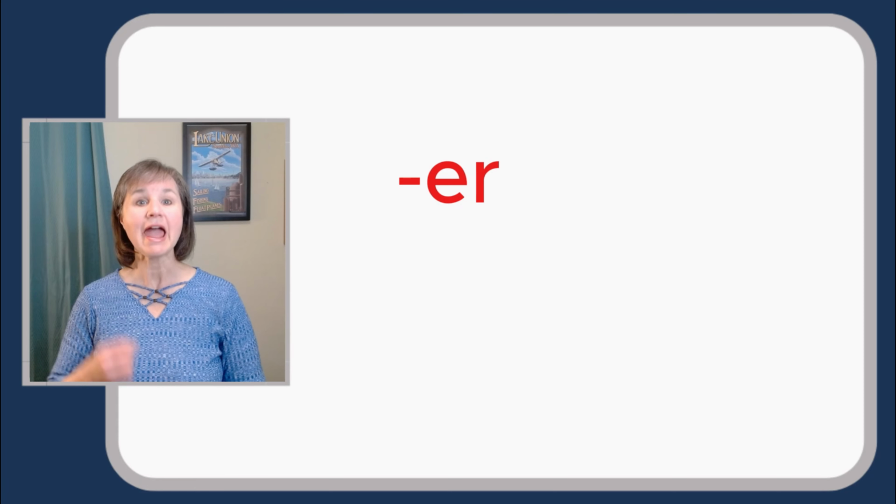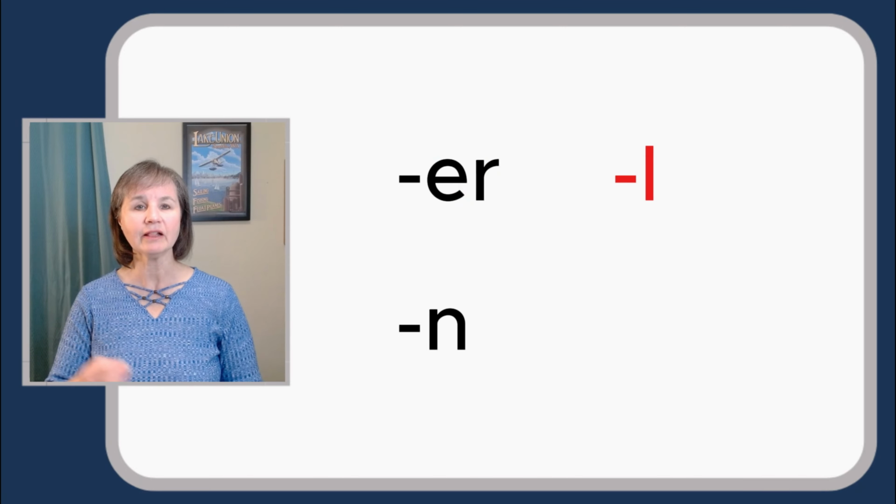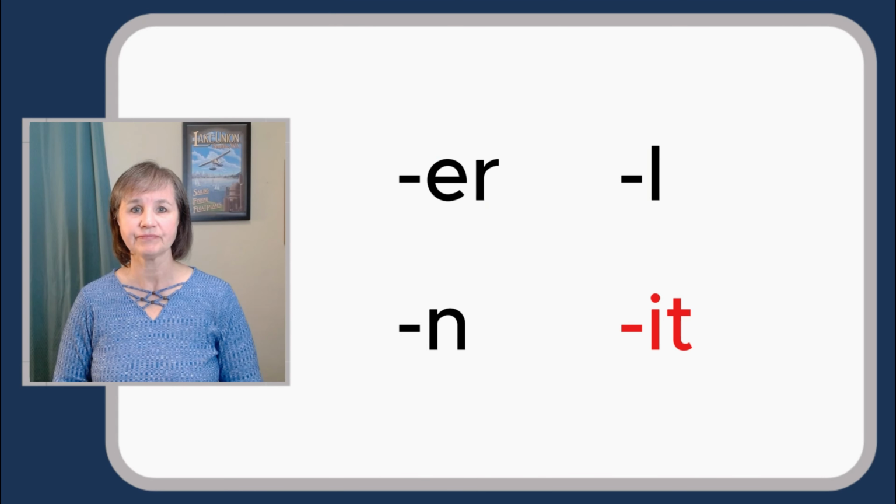Word endings can also help you identify the stress pattern of short verbs. Some endings are almost never stressed, whether they're on verbs, nouns, or any type of word. Here are a few noteworthy ones. ER, N, L, and IT.